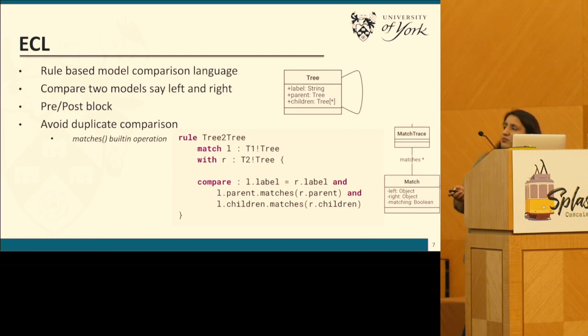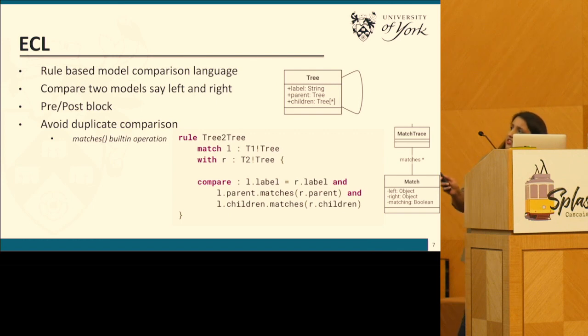This matches operation is a built-in operation that ECL provides, and it is used to avoid duplicates. It provides decoupling of rules. For instance, this matches operation calculates the model elements compared by the other rules. In this case, there is just one rule, so this matches will call the same rule again.